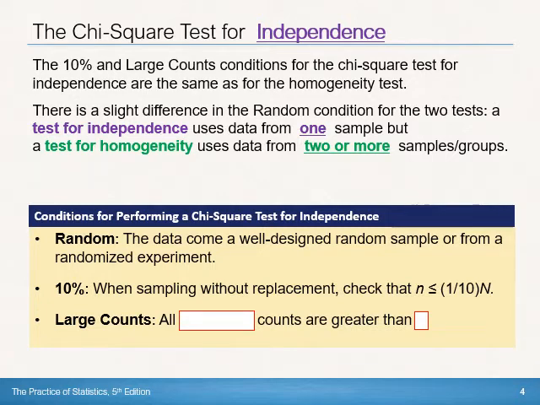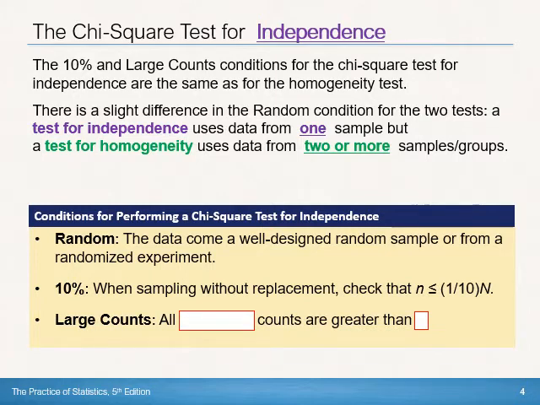For independence, we would just take one sample, and then after we take that one sample, we would break the data up based on maybe gender. So it's a very nuanced difference between these two tests, and it all boils down to how many samples you had. Test for independence, you'll have one sample. Test for homogeneity, you can have two or more.